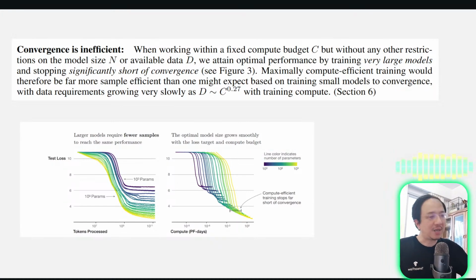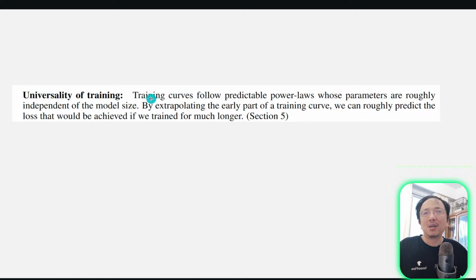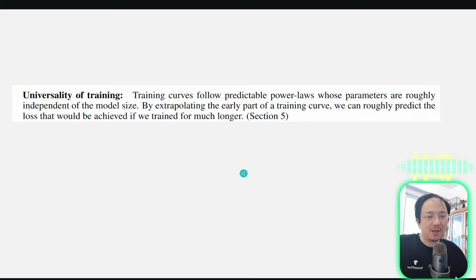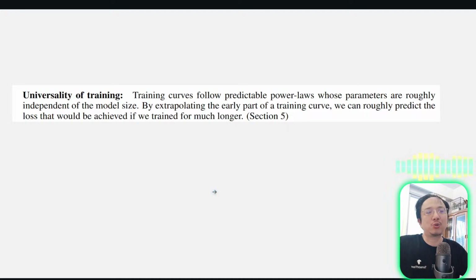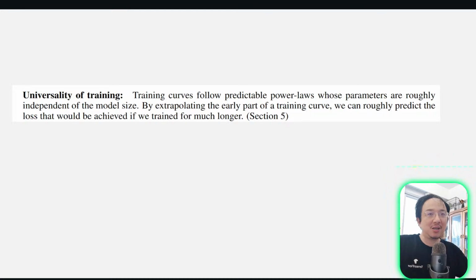Because like it says before, the performance gets better if you put more computation into it. If you train longer, the performance gets better, like the universality of training says. And in the range they were experimenting, the performance gain is predictable.